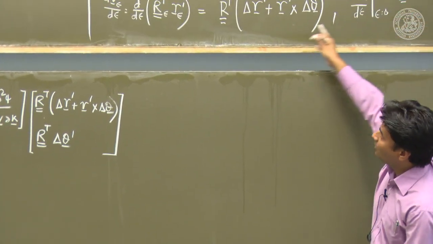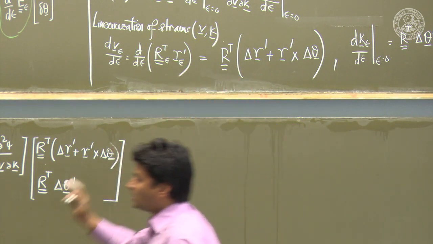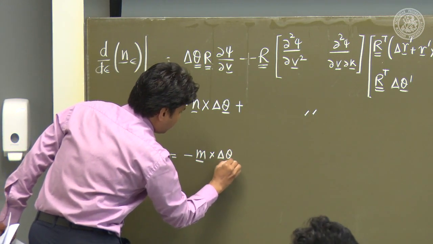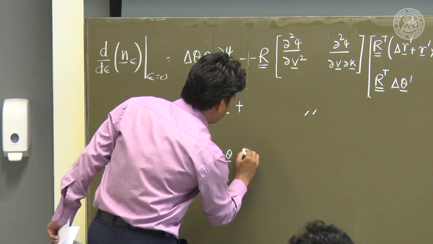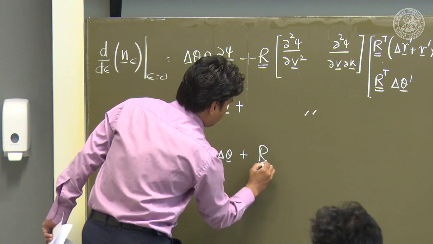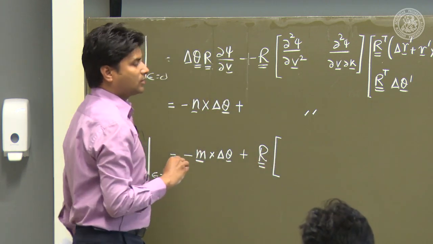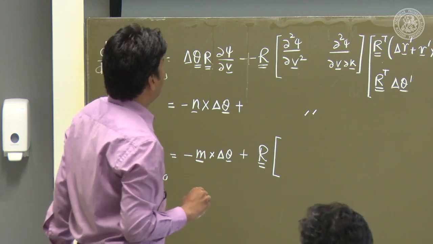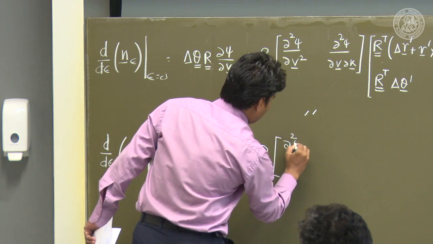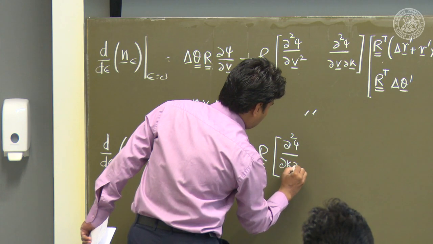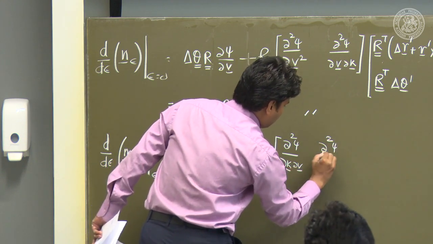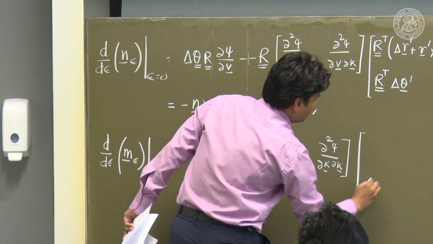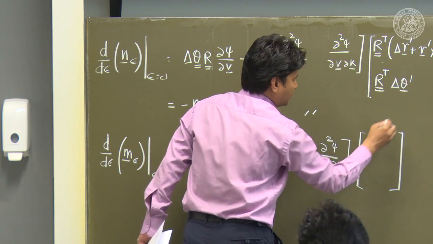And then you have to use the same derivations. And when you do that, your first term will be minus m cross delta theta, and then the second term is going to be your big R times del 2 psi over del k del v, del 2 psi over del k 2, times the same thing that you have over here, the same thing.